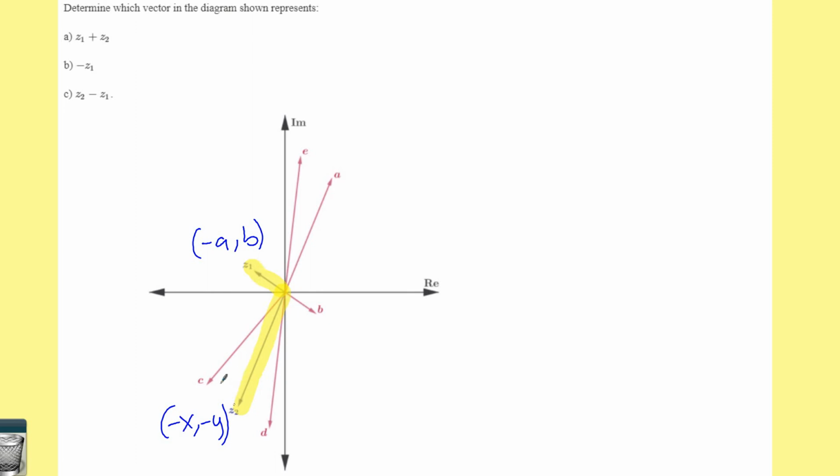So C is going to be A. That vector represents A. All right, then we think about negative Z. So negative Z would be positive A and negative B. So the only one that's at a positive A, negative B is B.